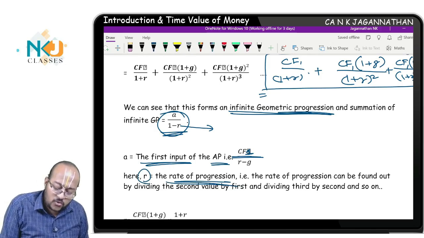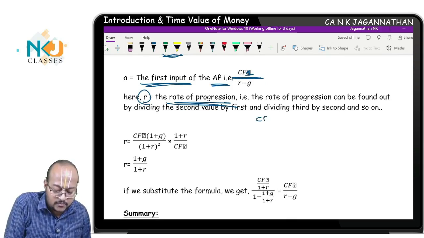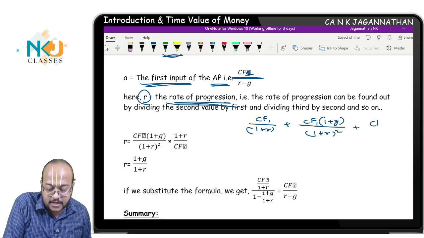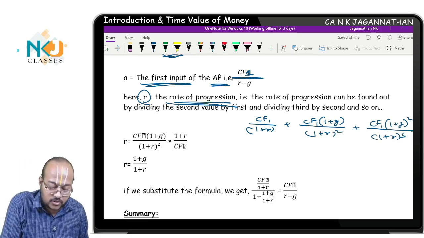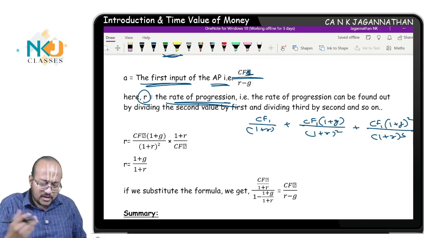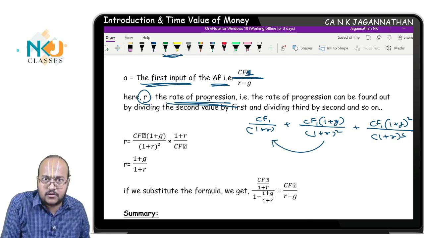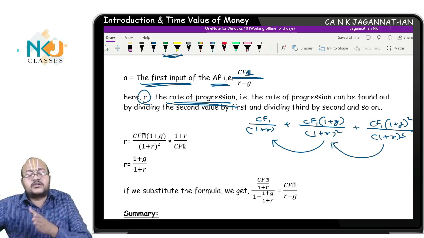How to find the rate of progression? Very simple. You see, this is first term, cash flow 1 by 1 plus R, plus cash flow 1 into 1 plus G by 1 plus R raised to the power 2, plus cash flow 1 into 1 plus G the whole square divided by 1 plus R cube, correct? Like this it goes on. Here, if you divide the second value by the first value and the third value by the second value, you will get the same value, because in a geometric progression it keeps growing at the same rate.